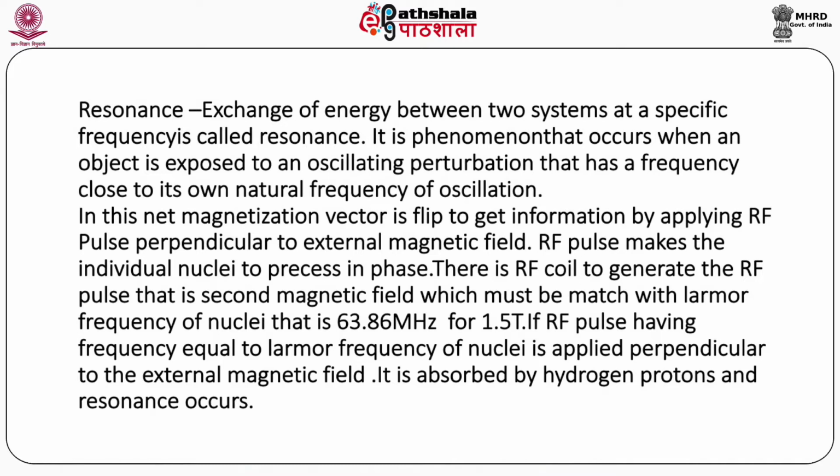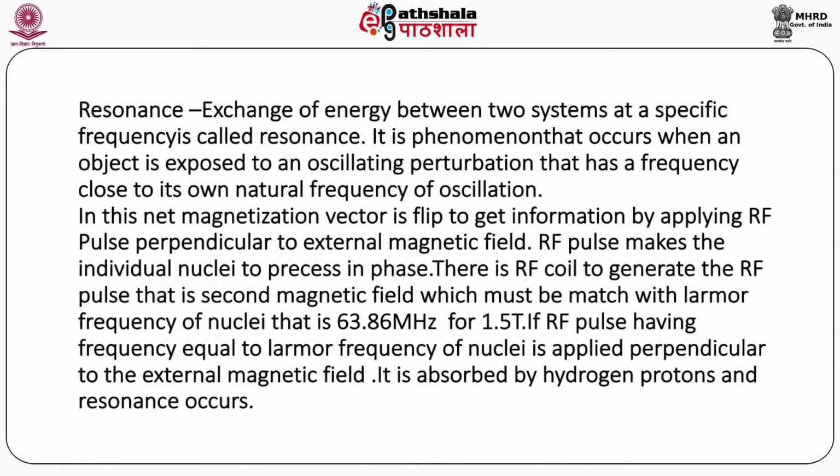The net magnetization vector is flipped to get information by applying a radio frequency pulse perpendicular to the external magnetic field. This RF pulse makes the individual nuclei precess in phase, and there is an RF coil to generate the RF pulse, that is the second magnetic field, which must be matched with the Larmor frequency of the nuclei, that is 63.86 megahertz at 1.5 Tesla.